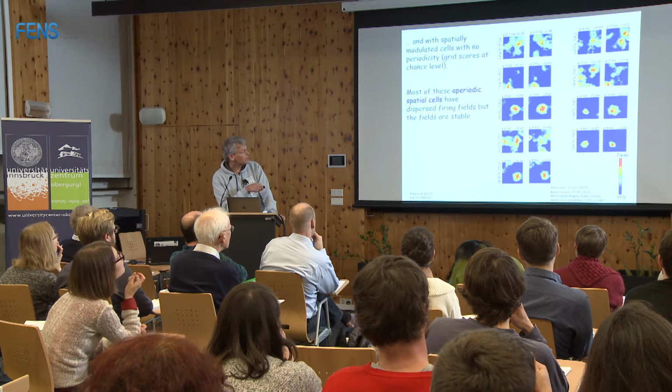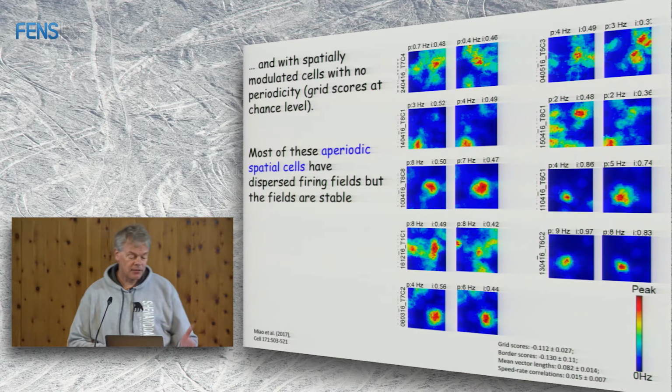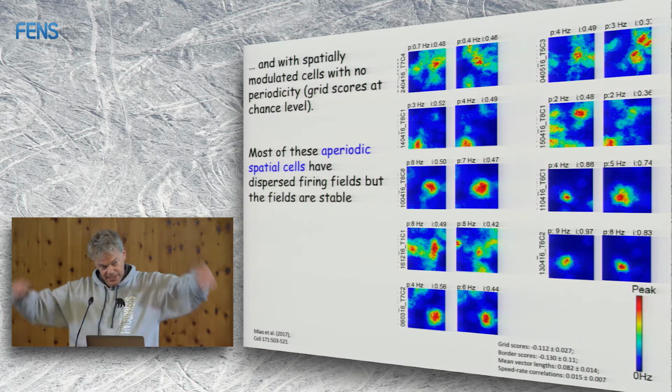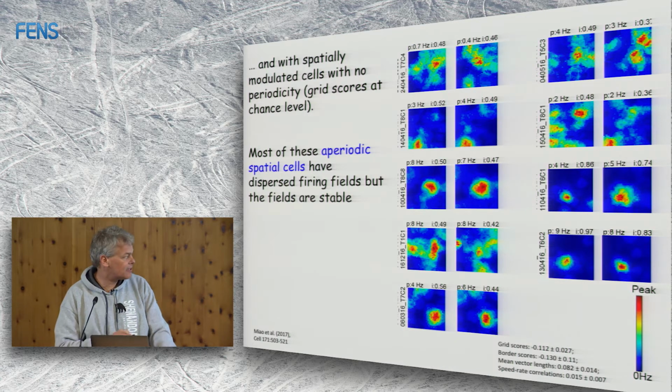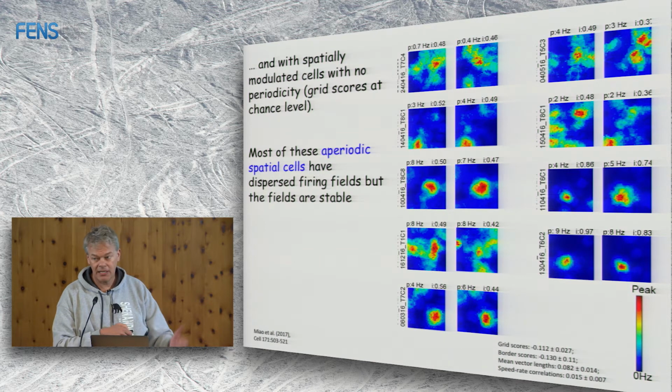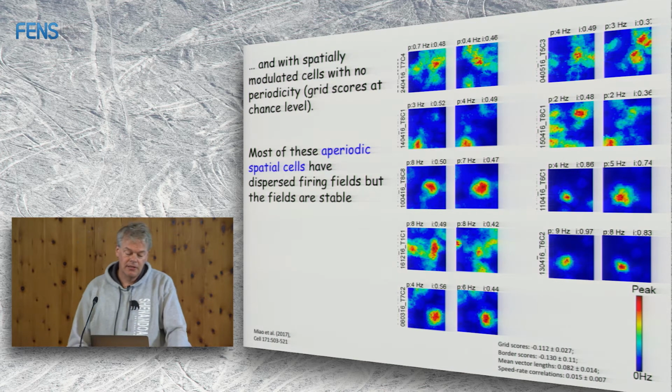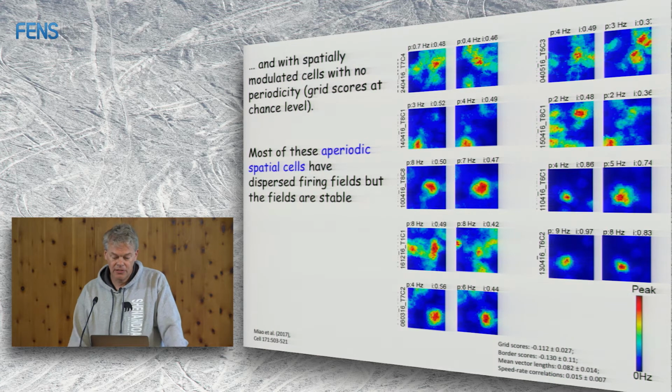Of course one can assume that some of them might be grid cells that have such wide grids that you can't actually see the grid pattern, but that doesn't quite make sense in all cases. So even in large environments you don't see that. So there is probably a pretty large proportion of cells that are spatial but not grid cells. And again, they exist in medial entorhinal cortex in all layers, including layer 2 and 3.